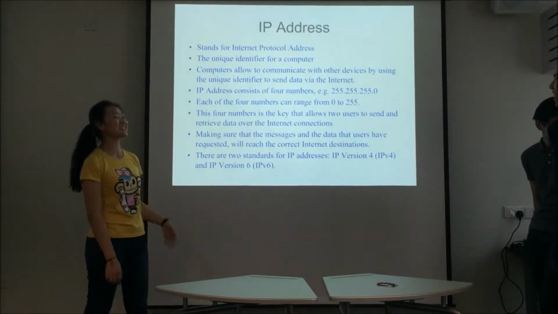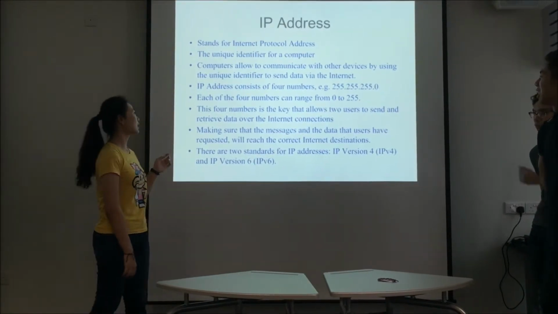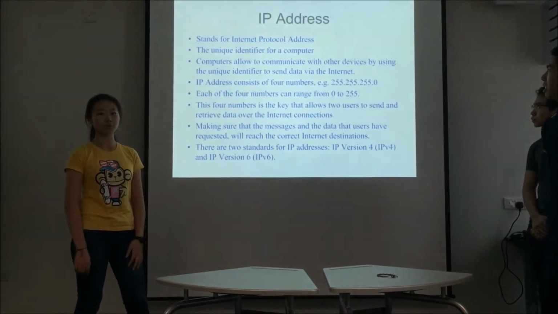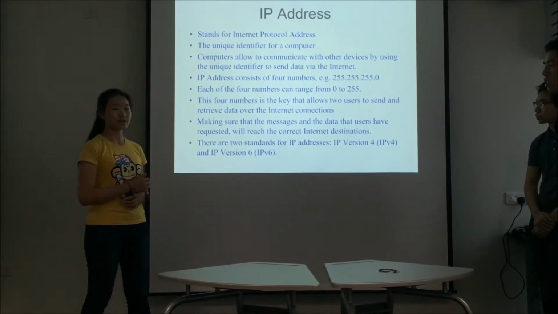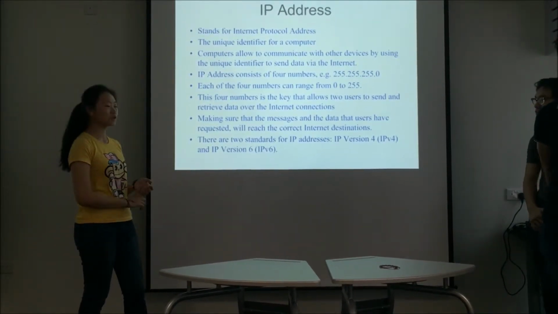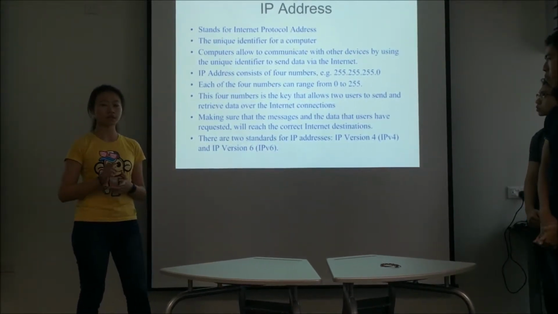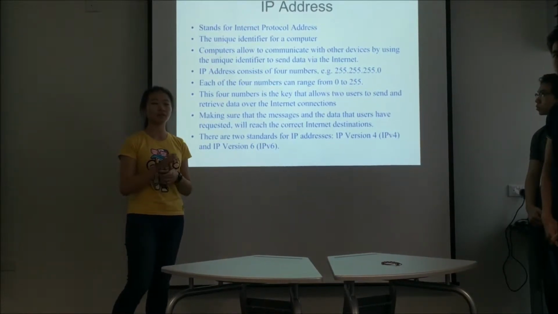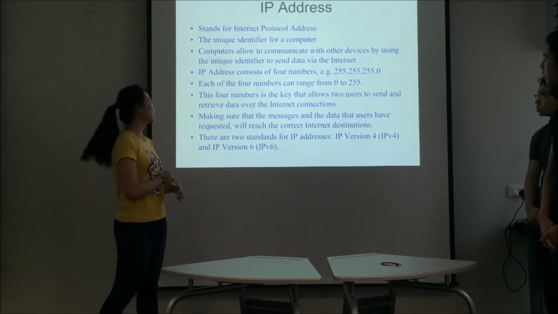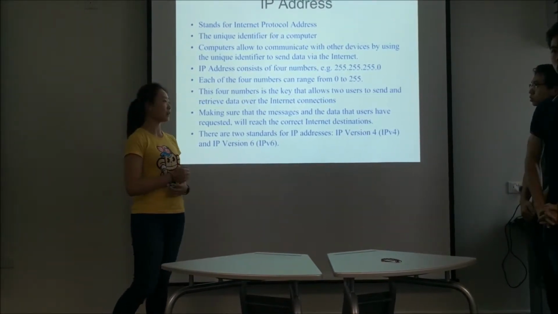And the IP address stands for Internet Protocol address. It is the unique identifier for a computer. The computer is allowed to communicate with other devices by using the unique identifier, which is to send the data through the internet. And the IP address consists of 4 numbers, for example 255.255.255.0. And each of the 4 numbers can range from 1 to 255.